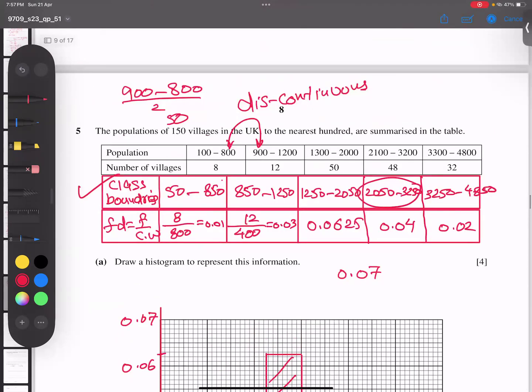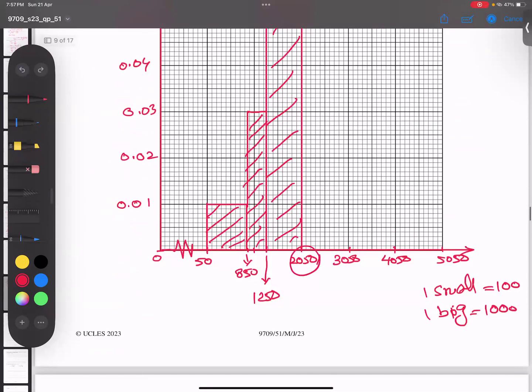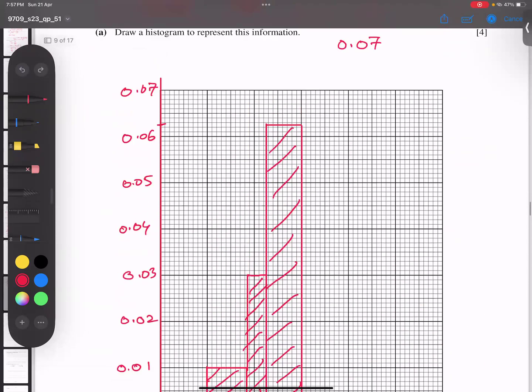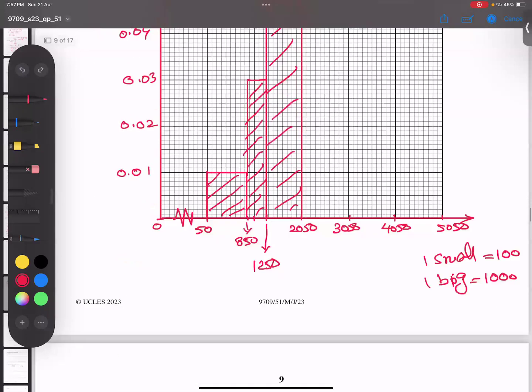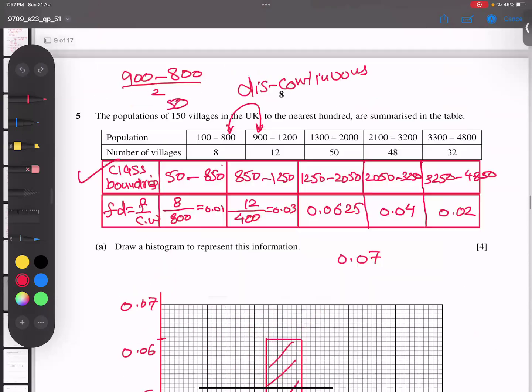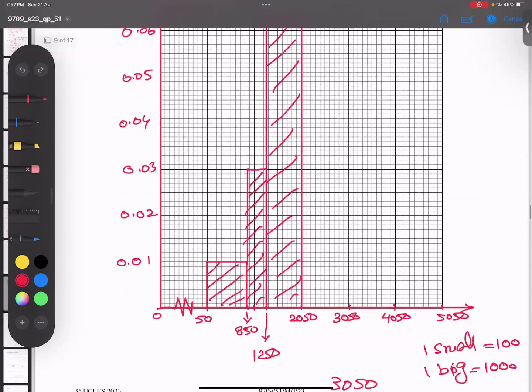So 2050 is here. And what is the last value? 3250. And 0.04. Okay. 3250. This is 3,000, but 3050 means 200 more. 200 more means two boxes. Okay. So 2050. Wait a minute. I think I have made a mistake here.